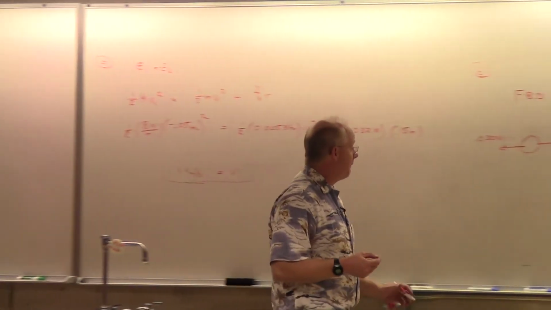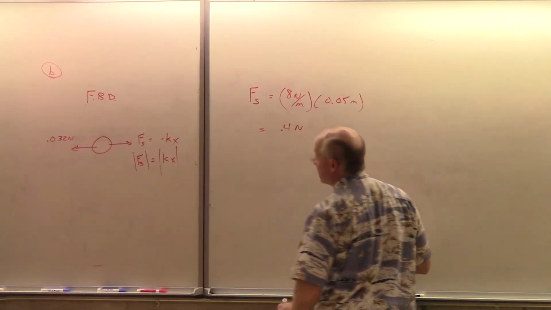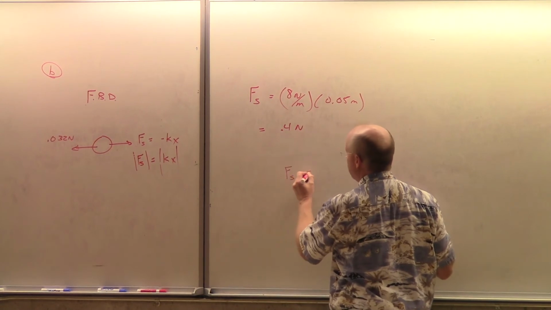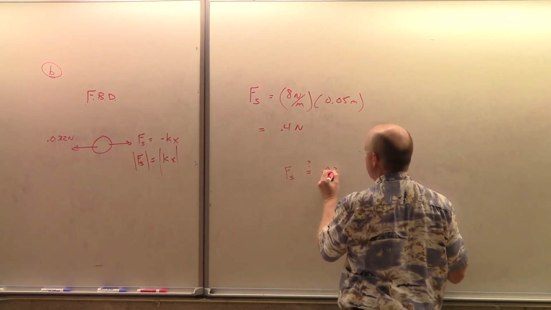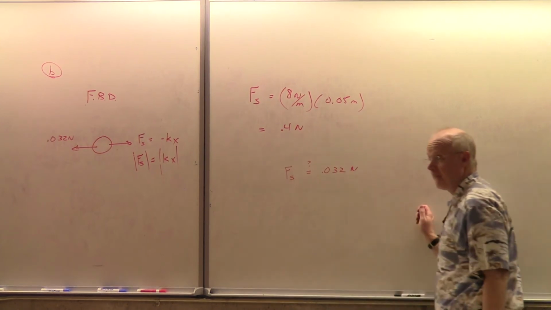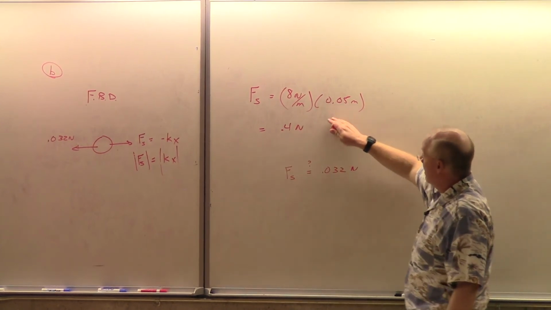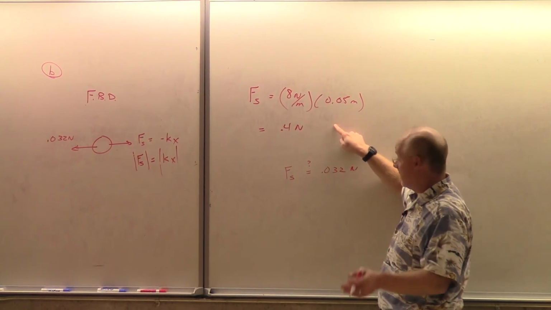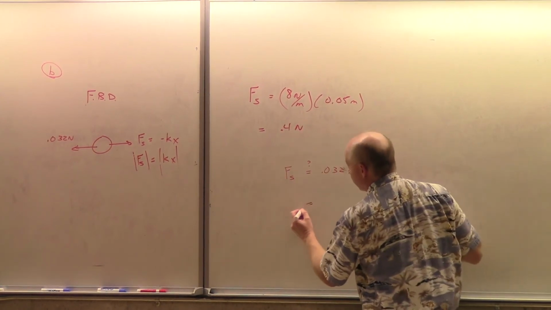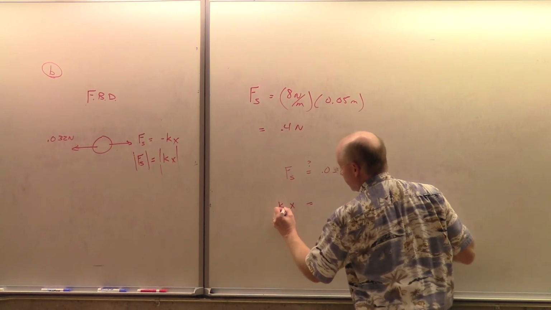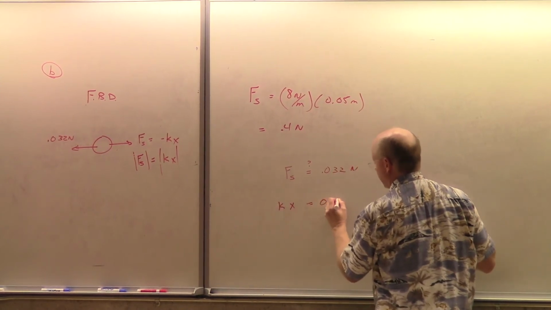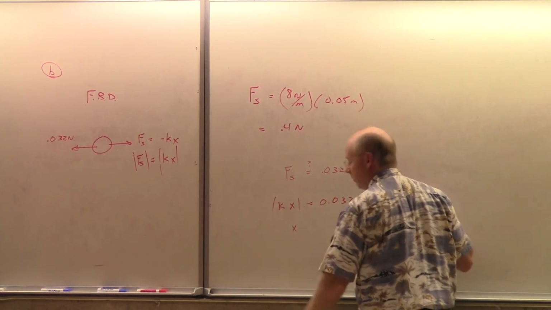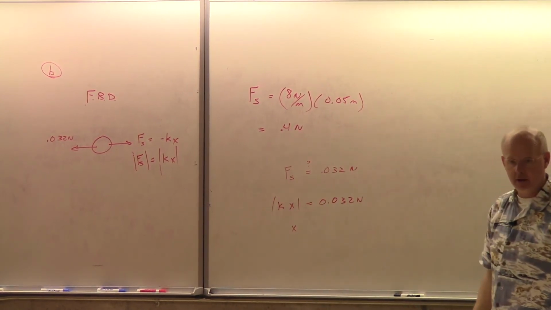So how do I solve B? Well, I would solve it for when the force from the spring equals the 0.032 newtons, right? I know that initially it's greater than that, and then it gets less and less. So solve this for x. And I'll just worry about absolute value here.